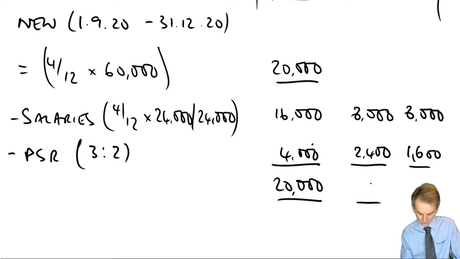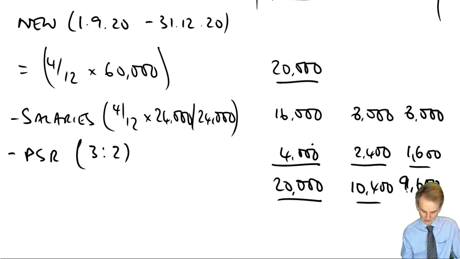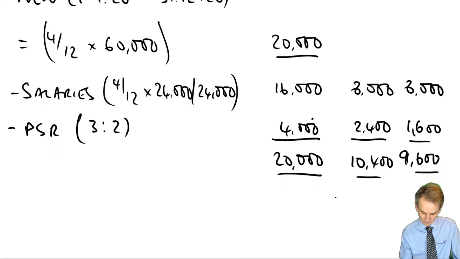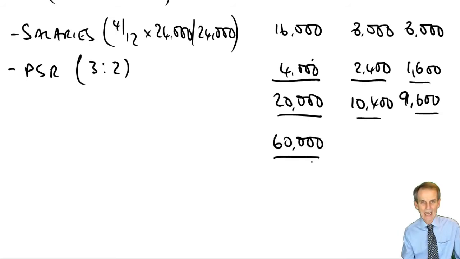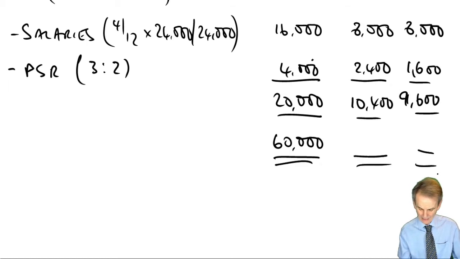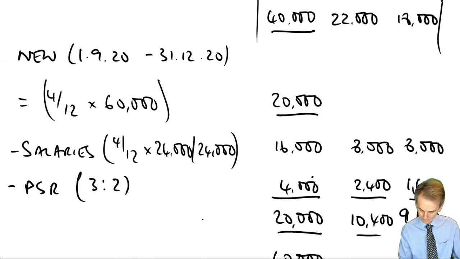That therefore will give us for this period 10,400 and 9,600 respectively. But of course the figures that we want overall is how the total 60,000 tax adjusted trading profit of the accounting period, how has that ended up being split between these two partners A and V. So look at what we got.